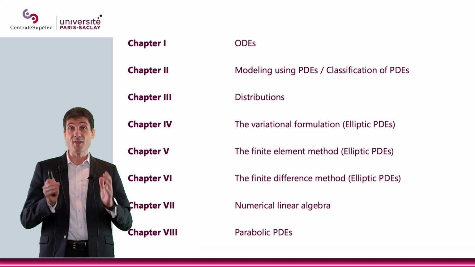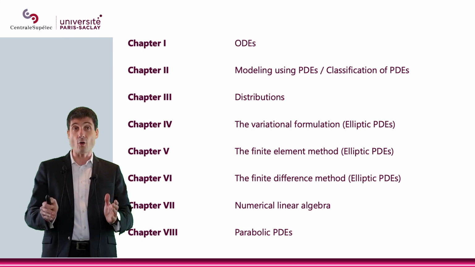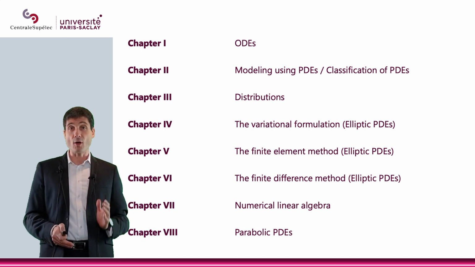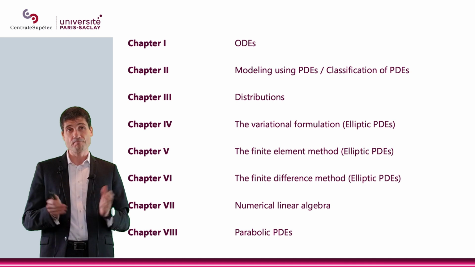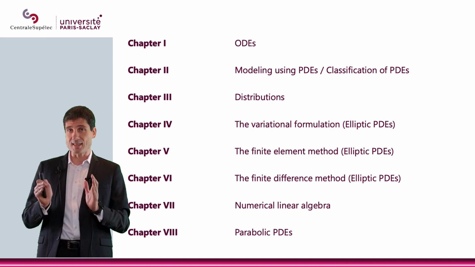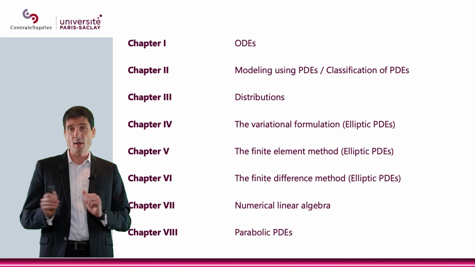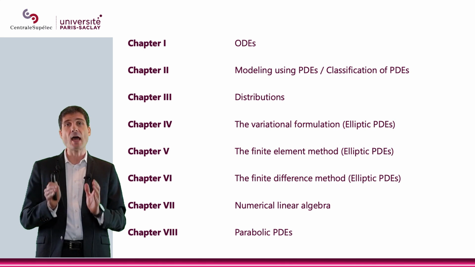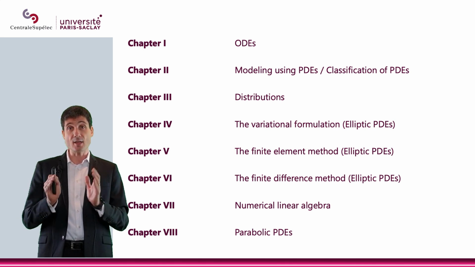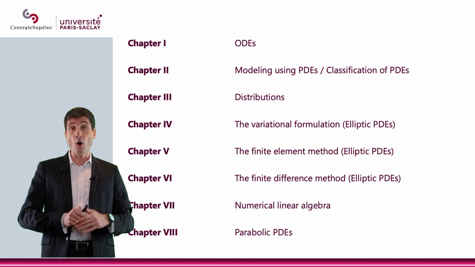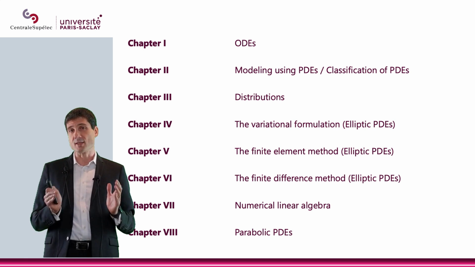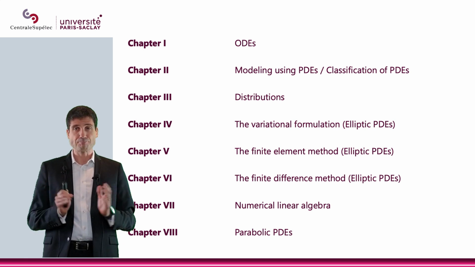So that is the outline of this course from chapter 1 to chapter 8, 8 chapters. Chapter 1 and chapter 5 will be slightly longer, so you will have more time allocated in your timetable because of it. All other chapters will basically be about the same length.